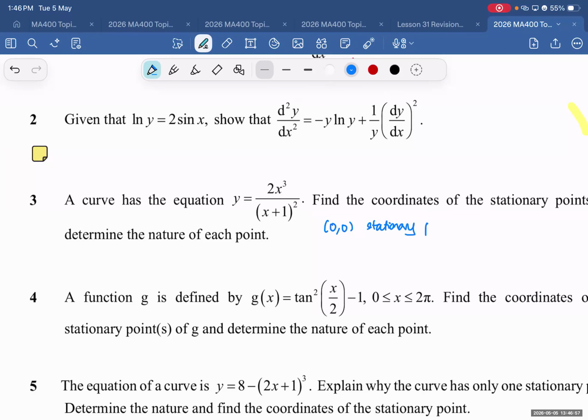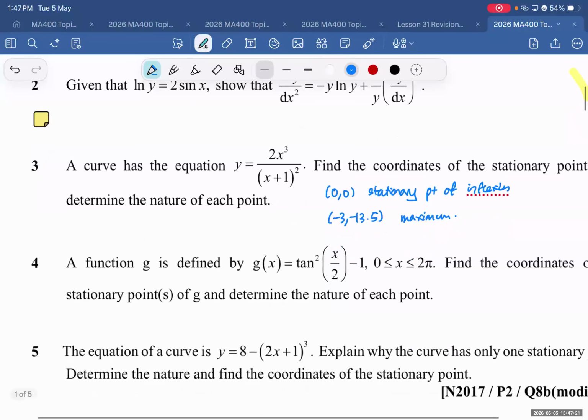This is the short summarized answer. Your other stationary point should be -3, -13.5. It is a maximum. For exam, you don't need to write down local max, local min. Maximum or minimum is enough.